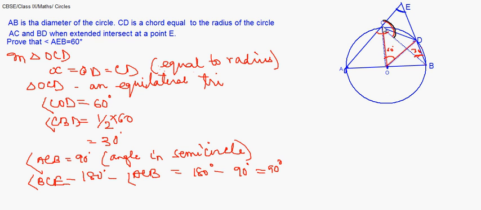Look at the triangle BCE as a whole. This one, maybe I highlight it using another color. This BCE. In triangle BCE, angle BCE is 90 degrees.